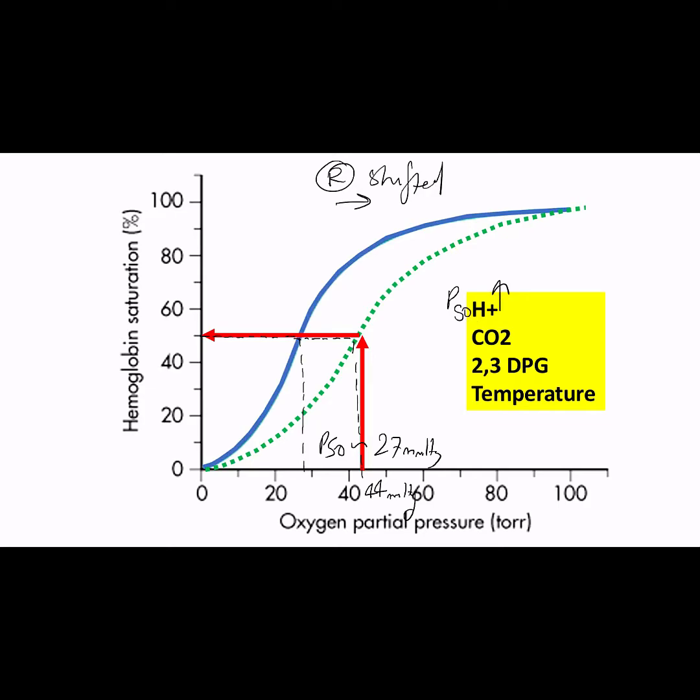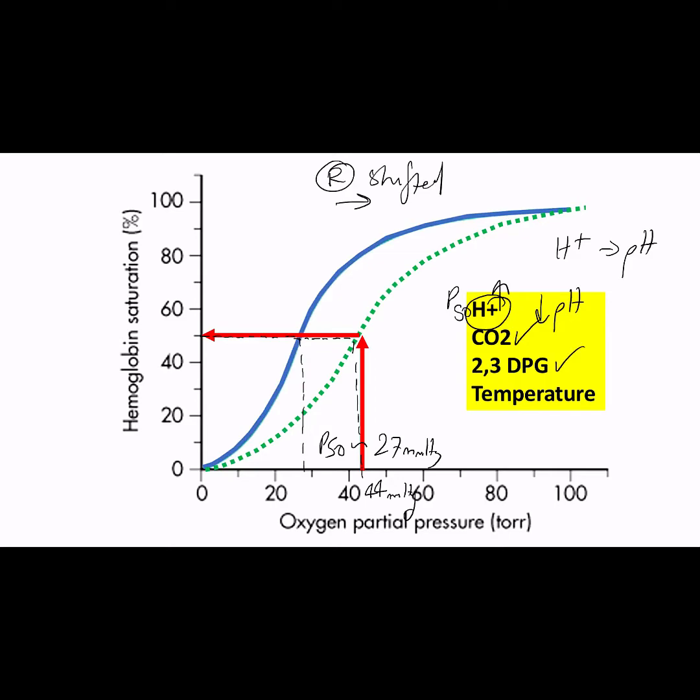Firstly, protons. So hydrogen ion concentration, which is essentially acidity or pH. If you increase your hydrogen ion concentration or you decrease your pH, that causes a rightward shift to the oxygen hemoglobin dissociation curve. It increases the P50, therefore decreases the affinity of the hemoglobin to oxygen. So too does increasing carbon dioxide.